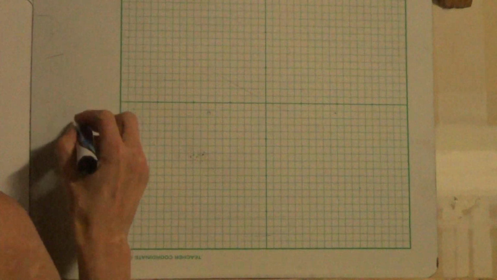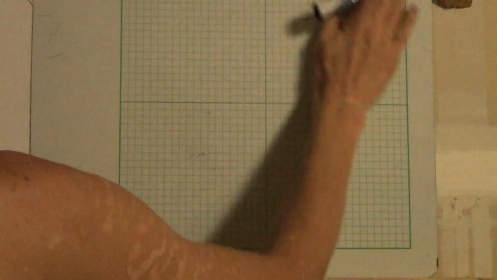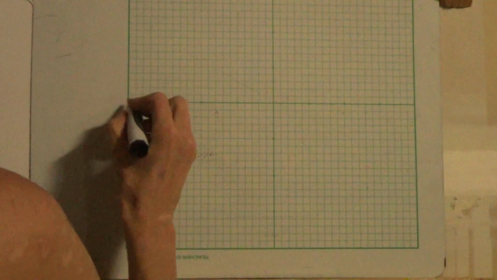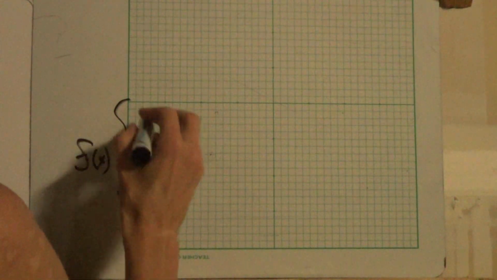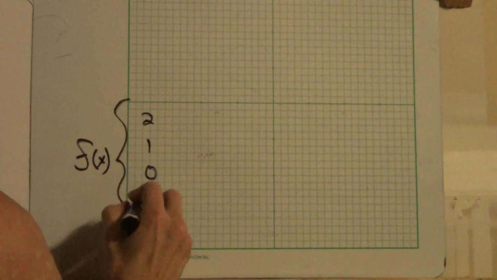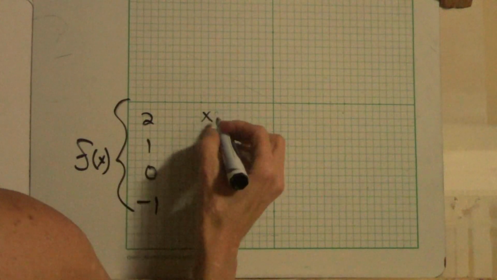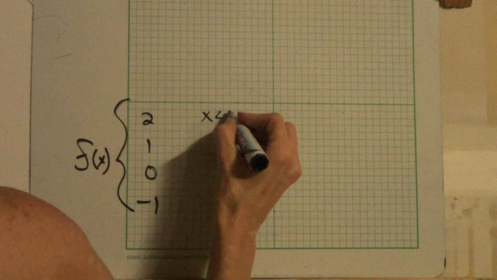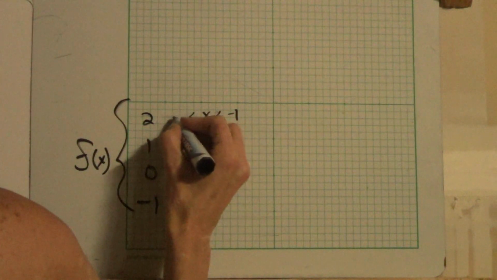So on a step function, you will have f of x, and it'll say like 2, 1, 0, negative 1. And then it might be for x is less than negative 1, greater than or equal to negative 2.